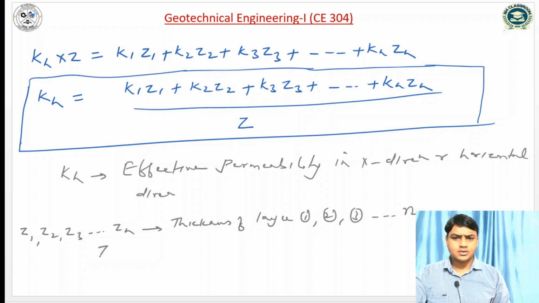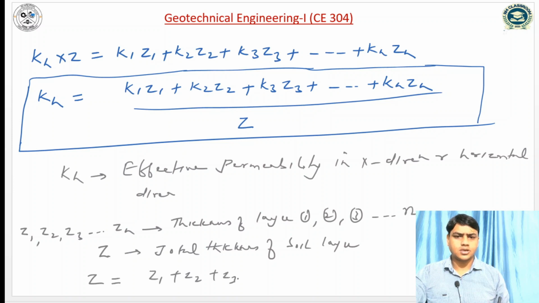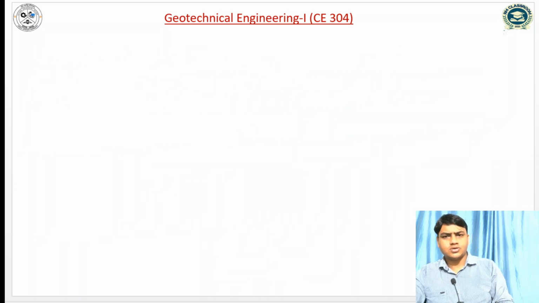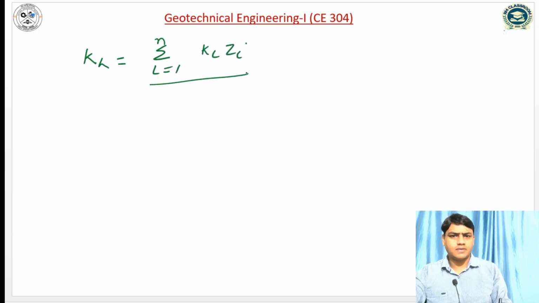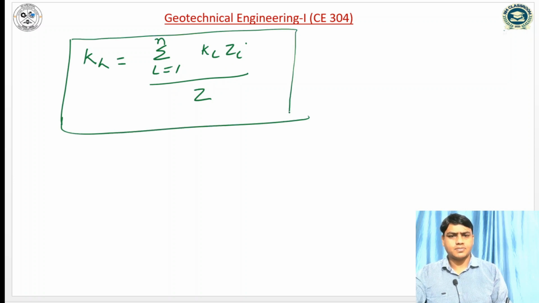Similarly, total Z is the total thickness of soil layer, and we can write Z is equal to Z1 plus Z2 plus Z3 plus so on and so forth, Zn. So the horizontal permeability can also be written as Kh is equal to summation of i is equal to 1 to n Ki Zi divided by total Z. So this is our horizontal permeability.